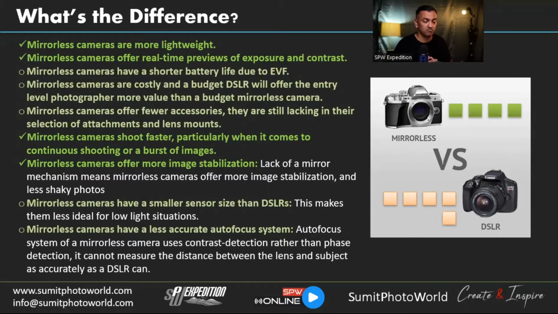Mirrorless cameras work on contrast detection and DSLR cameras work on phase detection, so a DSLR can accurately calculate the distance between the lens and the subject. So depth of field will be more accurate when you're working with a DSLR, and that's why they are still leading the market.